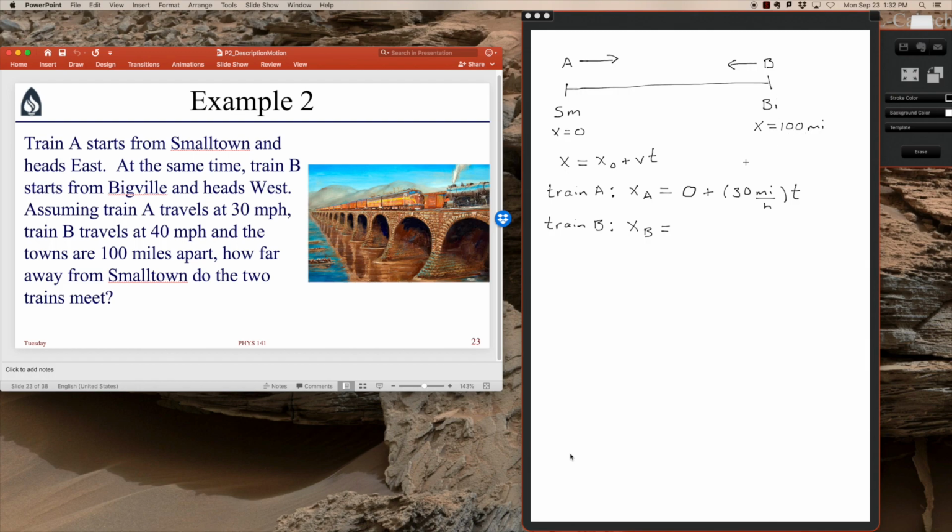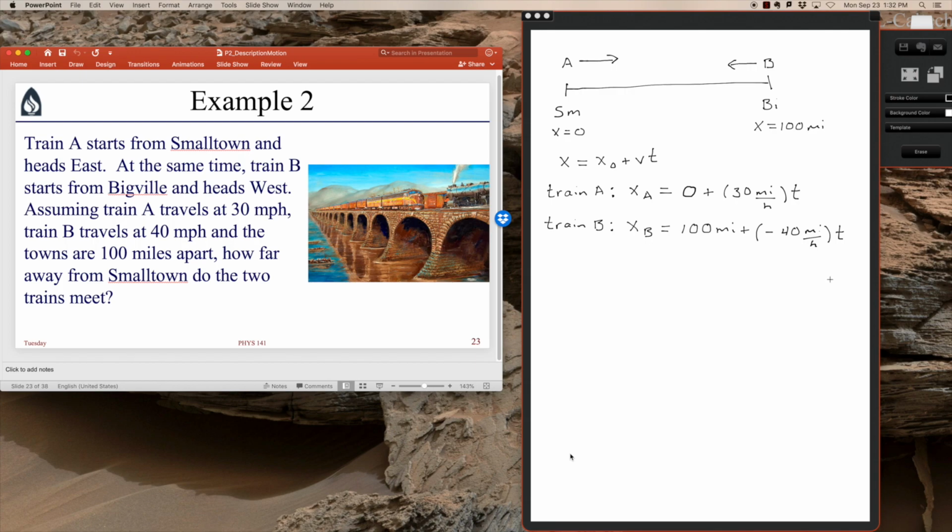So the initial position of train B is 100 miles plus its velocity. What's the velocity of train B? Train B is traveling at 40 miles per hour, but it's traveling in the negative x direction. So its velocity is going to be negative 40 miles per hour times t, the amount of time that it travels.